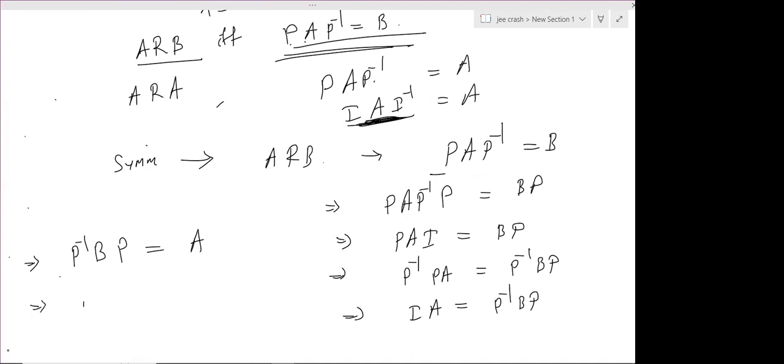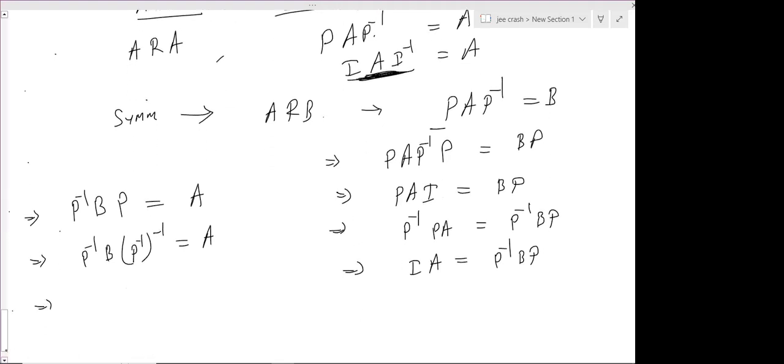Now what I can do, this is P inverse B. Can I write it like this? Now I can say P inverse is a matrix called Q. Yes or no?